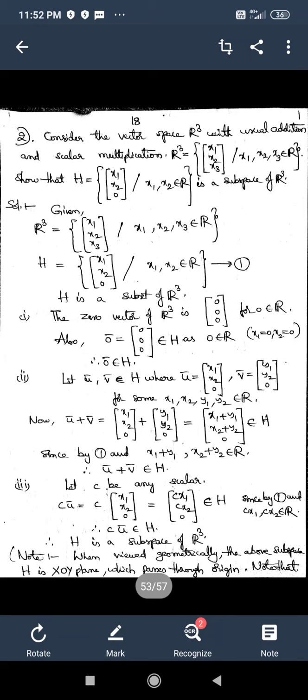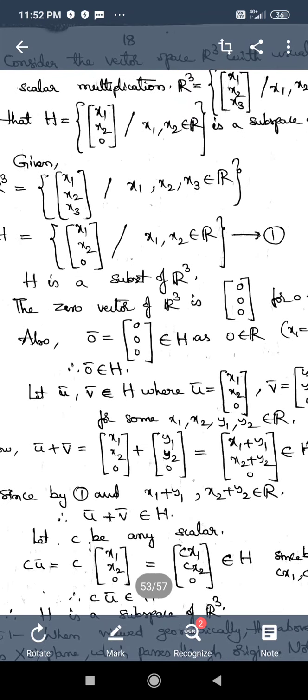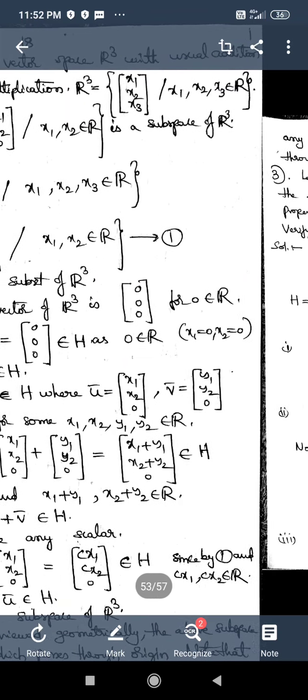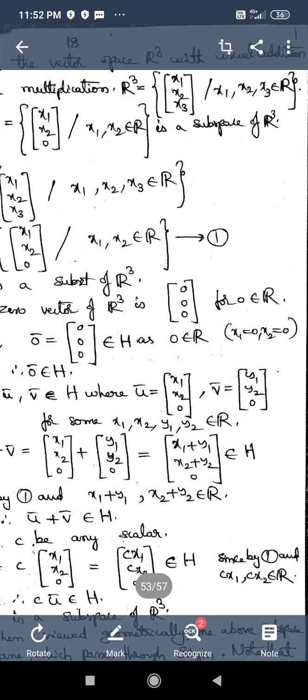And we are required to show that capital H is equal to the set of column vectors x1, x2, 0 such that x1, x2 are real numbers is a subspace of R3.